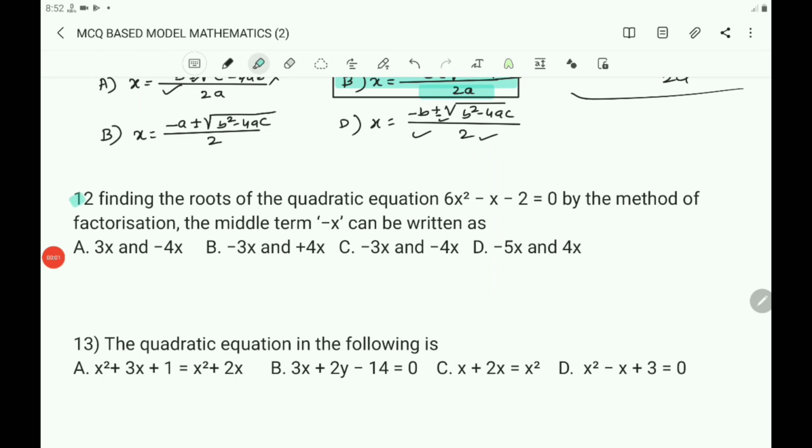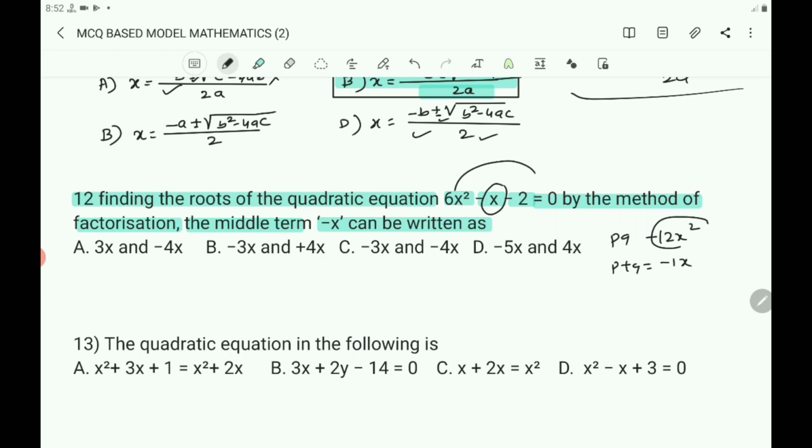Now the 12th question, finding the roots of the quadratic equation 6x square minus x minus 12 equals 0 by the method of factorization. The middle term is minus x, and the product is 6x square times minus 12, that is minus 72x square, and the sum is minus 1x.